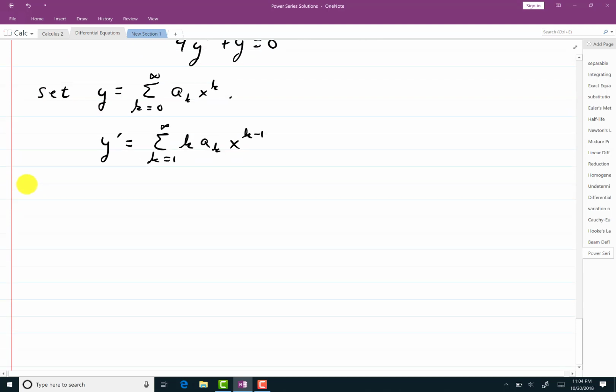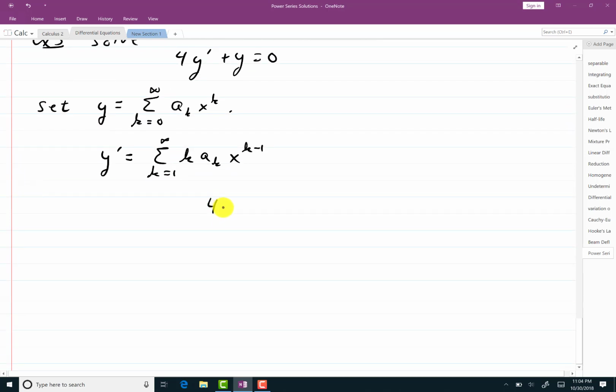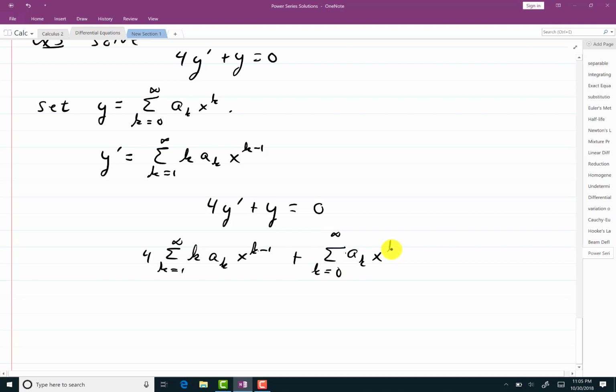Now let's plug it into the differential equation. 4y prime plus y equals 0. Let me go and replace y prime with this stuff. So I will get 4 times the summation k equals 1 to infinity k a sub k x to the k minus 1 plus, and then y was equal to the summation k equals 0 to infinity a sub k x to the k.